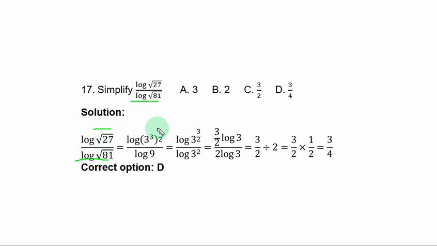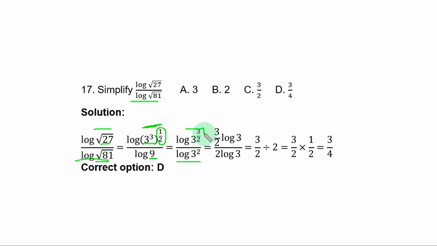For that, you can express the root as the power of 1 over 2, and 27 in its simplest base, you have 3 cubed. Square root of 81 is 9. You can as well express 9 in base 3. You have it in this form. If you simplify these two powers by the power law of indices, you have 3 over 2.